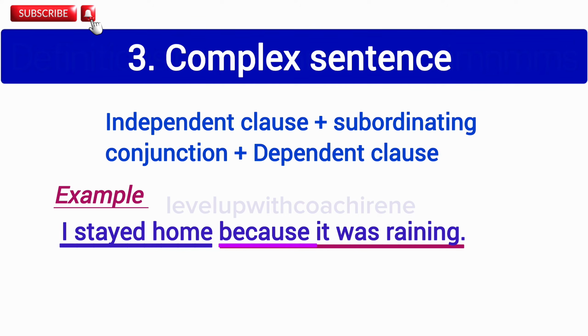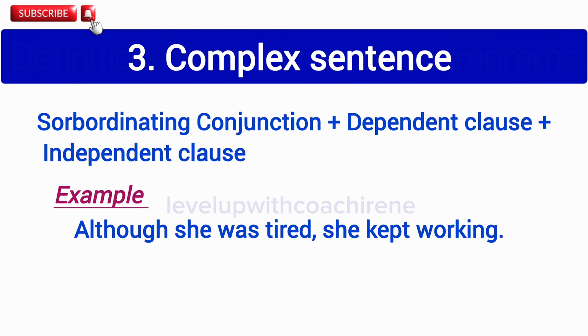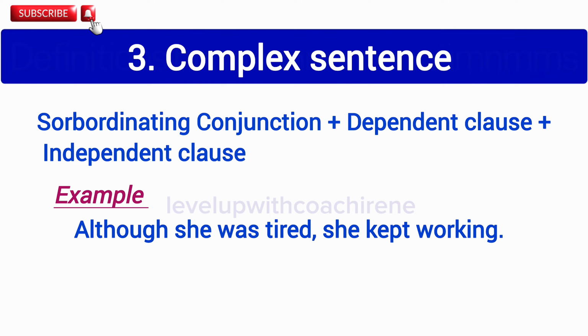It can also be formed with a subordinating conjunction plus a dependent clause plus an independent clause. For example, although she was tired, she kept working. The dependent clause in this sentence came first, although she was tired, followed by the independent clause, she kept working.